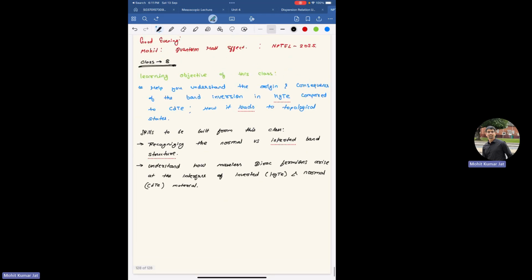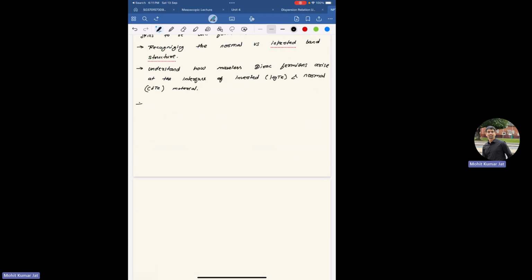And then through this class, you will be learning to use and analyze the BHZ model. BHZ is Bernevig, Hughes, and Zhang model, for topological insulators.